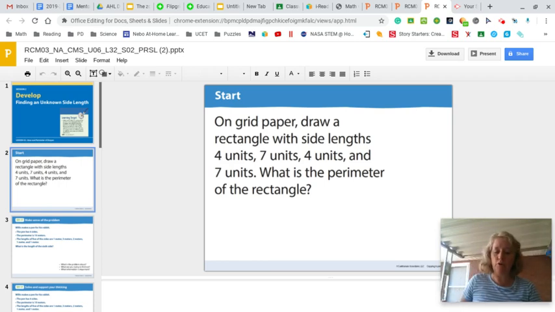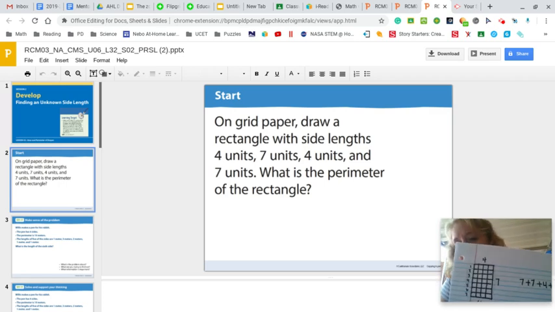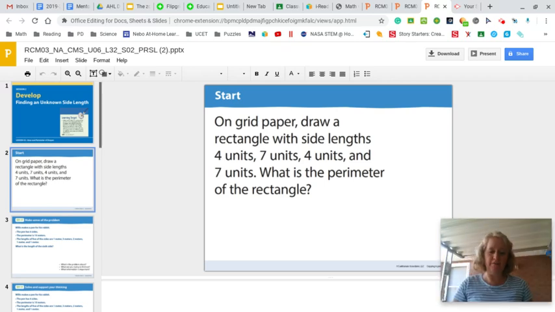Okay, so here's my rectangle shape, and remember the perimeter is the outside of all of these shapes. So I just have to add 7 plus 7 plus 4 plus 4. Okay, if I add all those together, then what am I going to get? Well, 7 plus 7 is 14, and 4 plus 4 is 8.